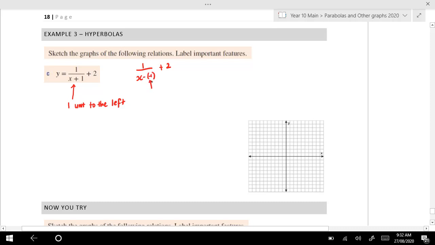That's my H value. So let's move that 1 unit to the left. So that means that the asymptote is now X is equal to -1. We've moved the asymptote, and likewise, this has moved it 2 units up.